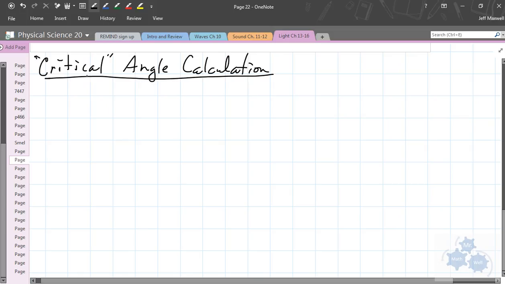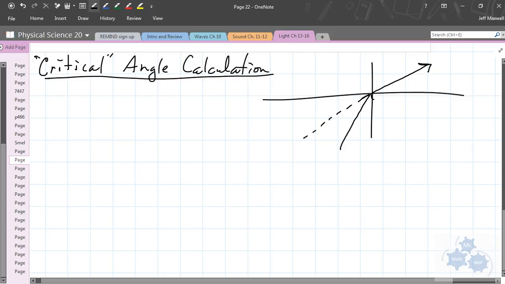It's the angle at which light now does not escape. If we have an incident angle, and it's bending away from the normal, there will be some angle right here where the refracted ray is exactly 90 degrees. And so we can use Snell's general equation and find out critical angles for certain things.